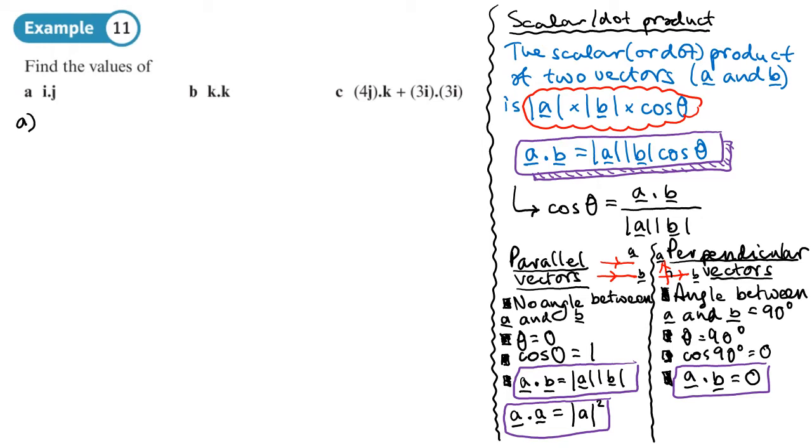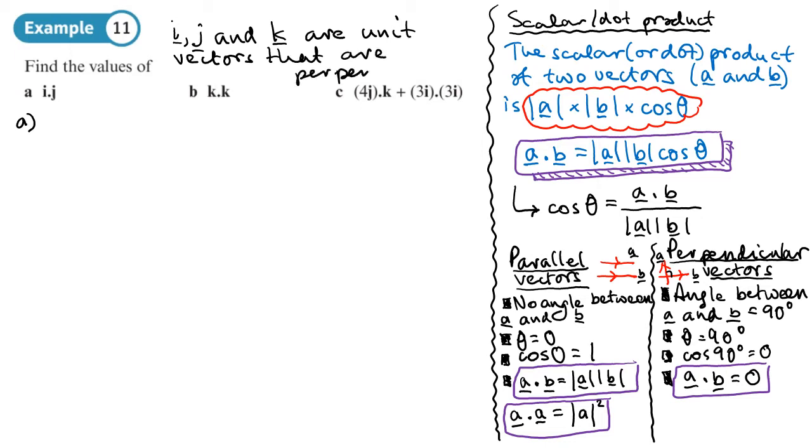Now remember that I, J and K are perpendicular unit vectors. So I'll try and draw what they may look like.